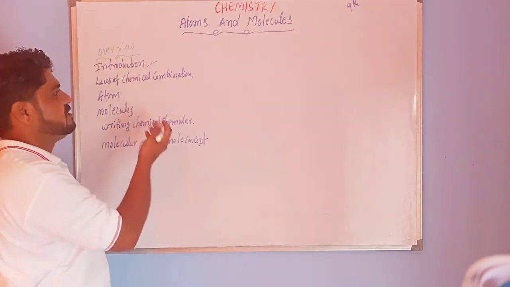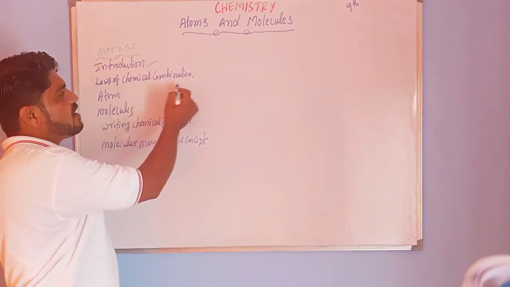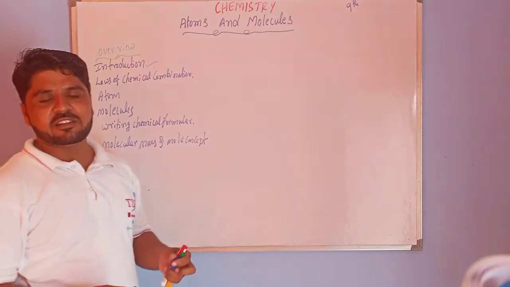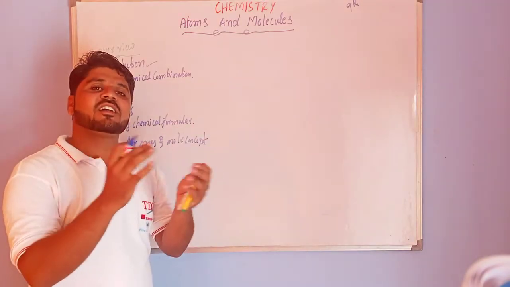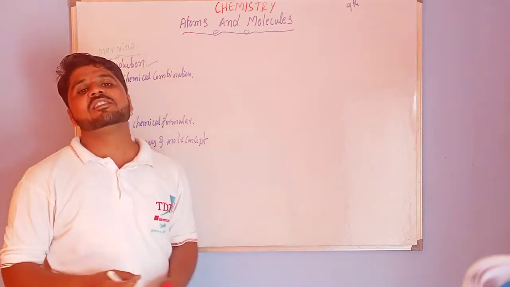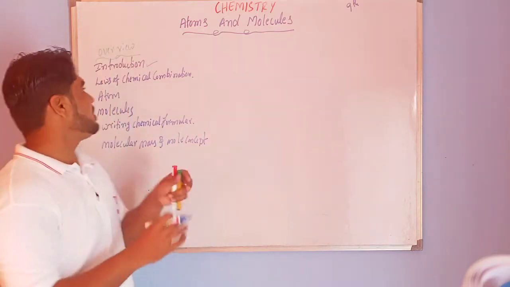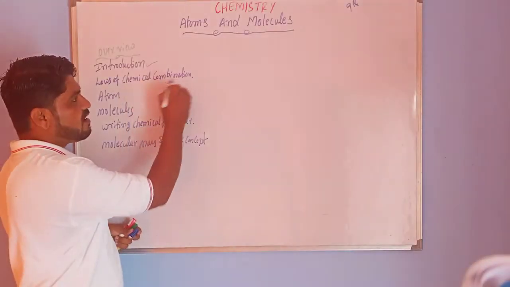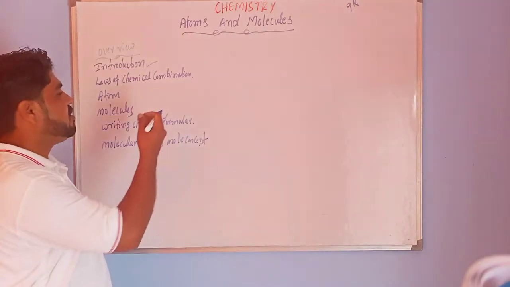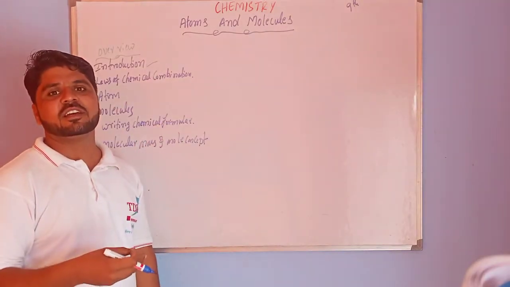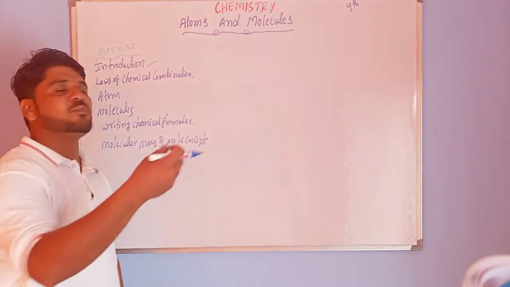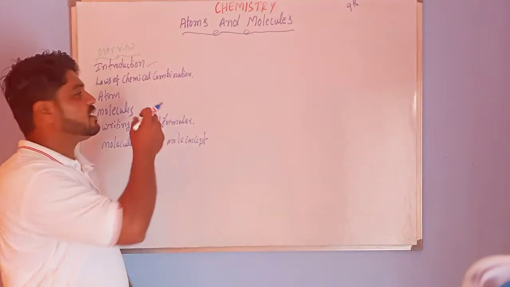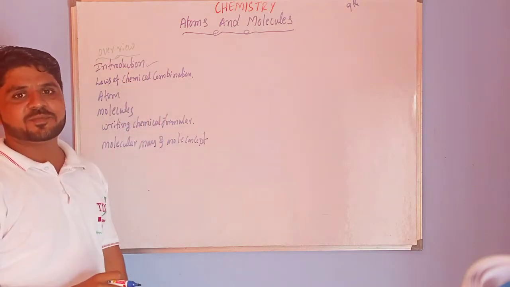Next, laws of combinations, that means how the particles are combined together to form matter, that is the laws of chemical combination. We have different laws, conservation of mass, constant proportions, and some more important laws for chemical combinations.